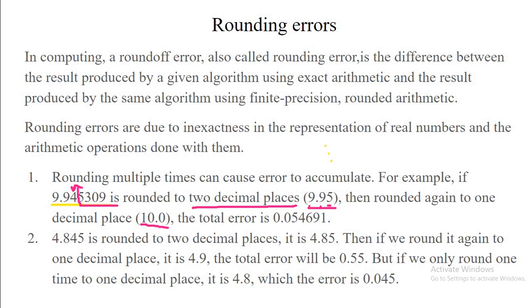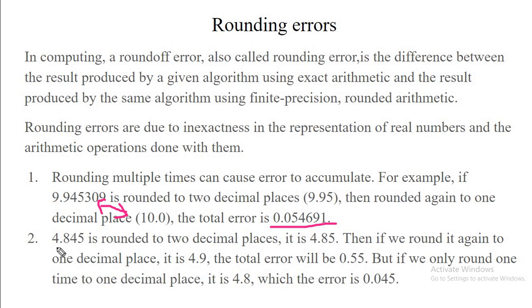So the number 9.945309 is approximated to 10. As it is rounded off to 10, there will be an error of 0.054691.